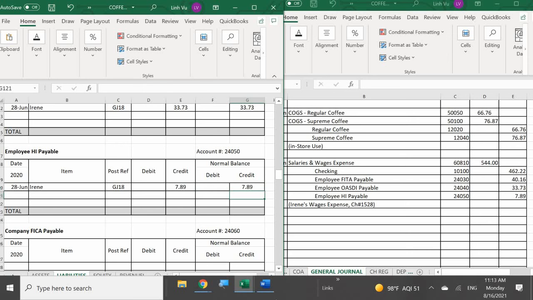Good. We filled out our employee section in our subsidiary ledger, so there's nothing else we need to fill out in our subsidiary ledger. And that is it for that transaction.